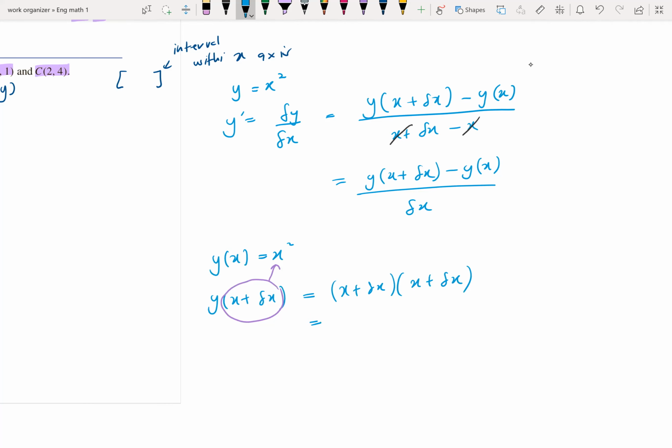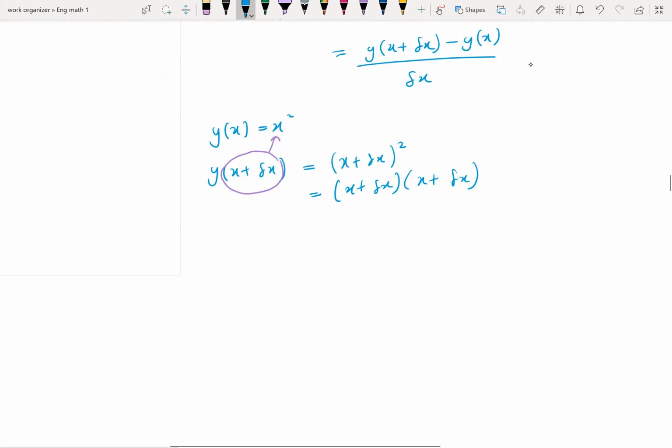We just substitute x plus delta x into the function. Maybe it should be written like this, so you can understand step by step: x plus delta x, x plus delta x, and then x squared plus 2x delta x plus delta x squared.